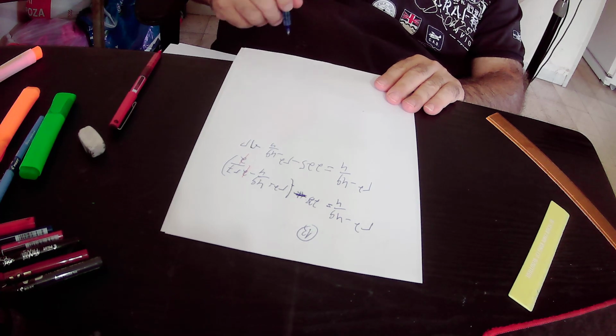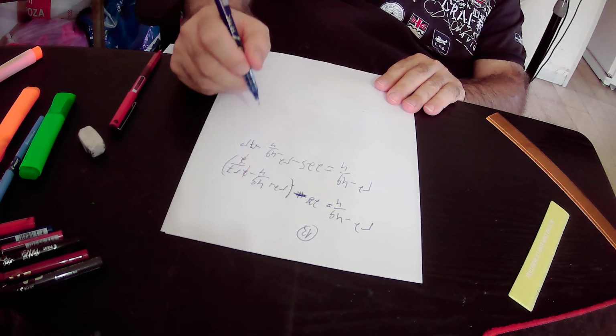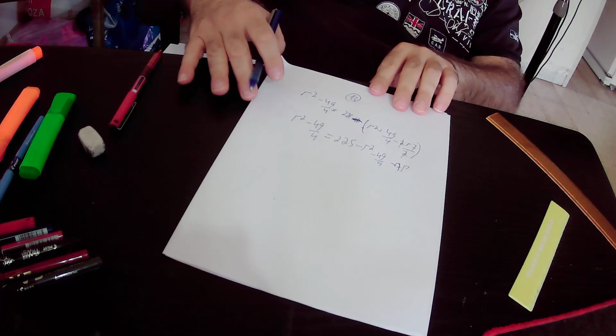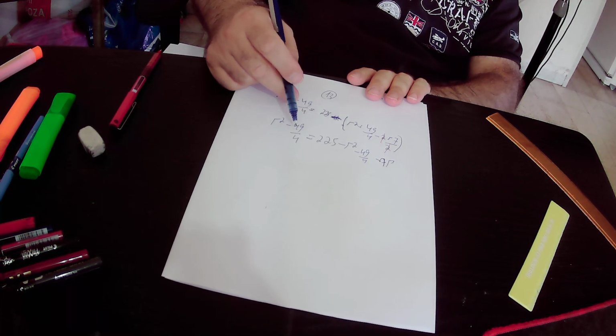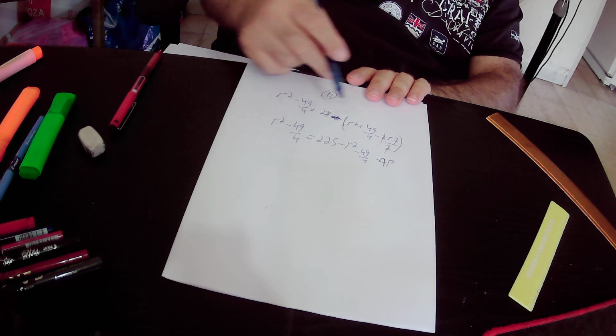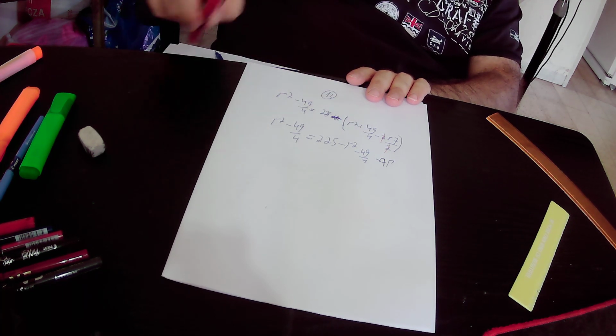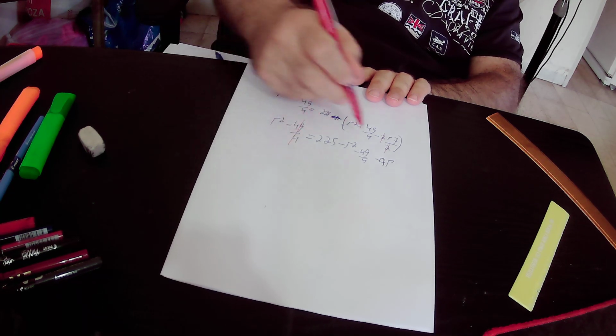Okay, so here we have minus 49 over 4 on this side of the equality, and we have minus 49 over 4 on the other side, so we can cancel minus 49 over 4.